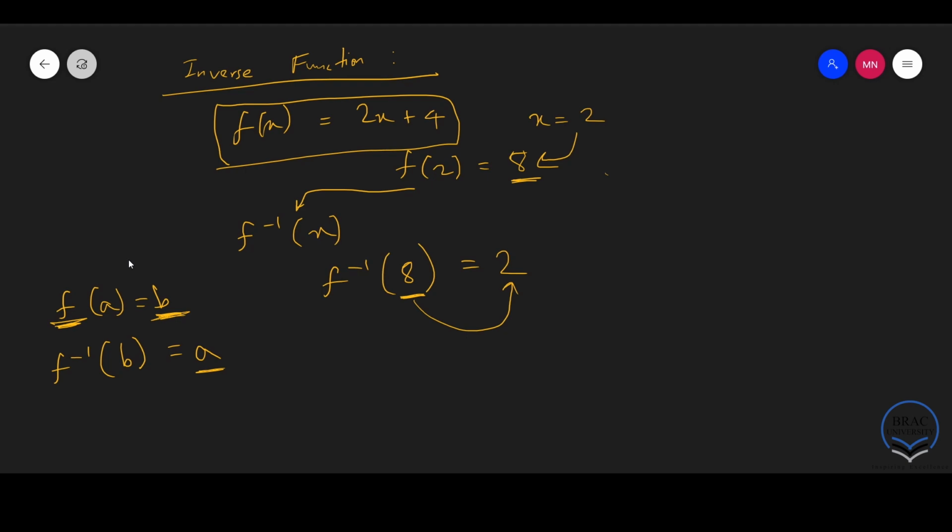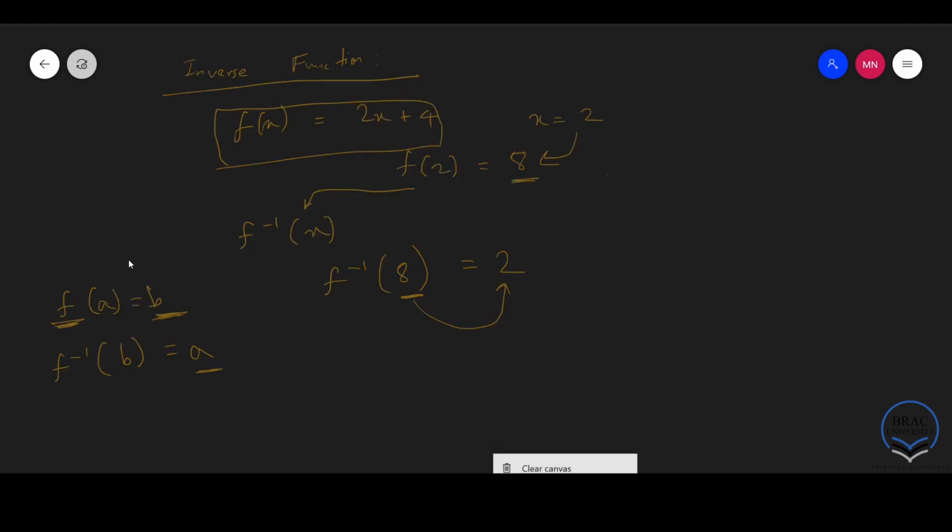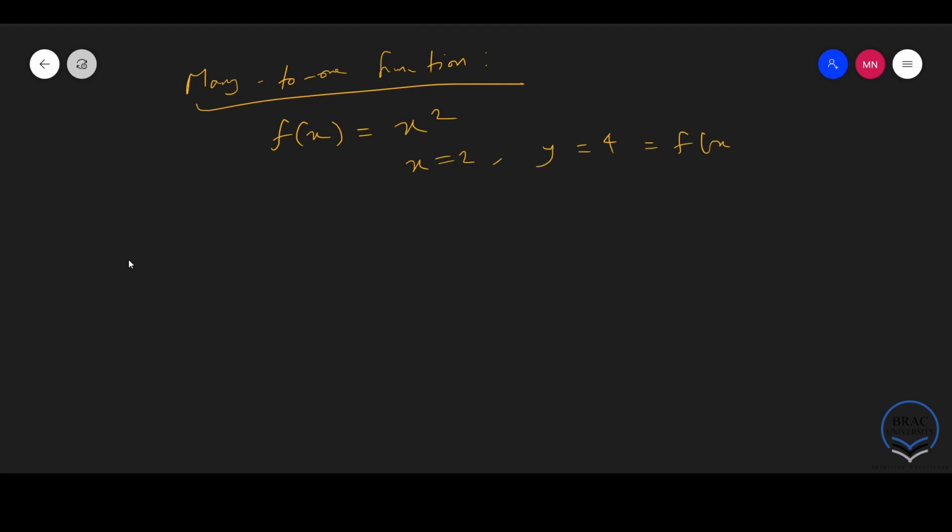But if we considered a many-to-one function instead, say f of x is equal to x squared, and for x equal to 2, I know that y is equal to 4, or f of x is equal to 4, right?